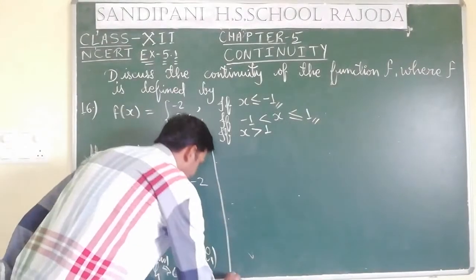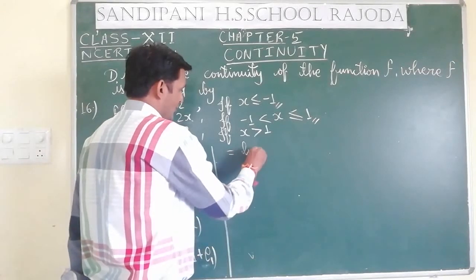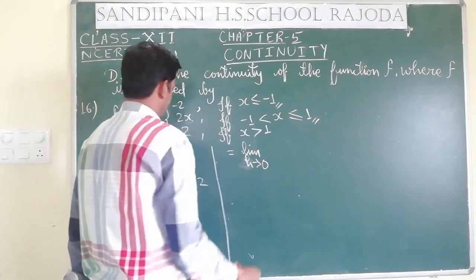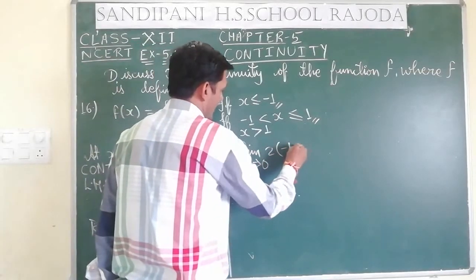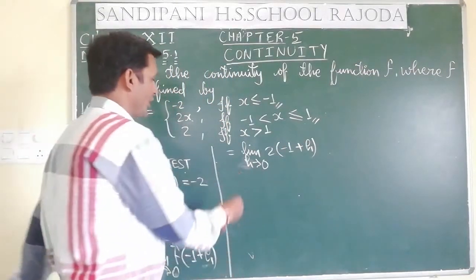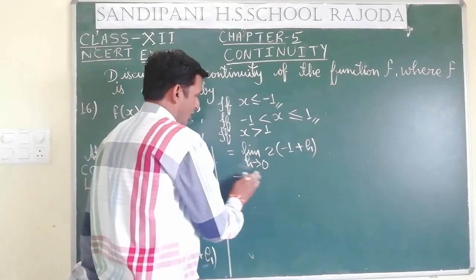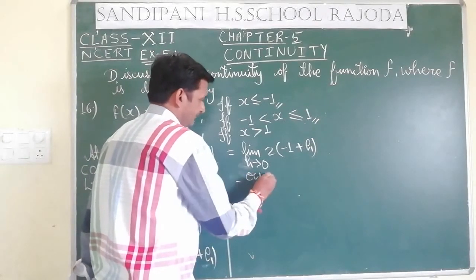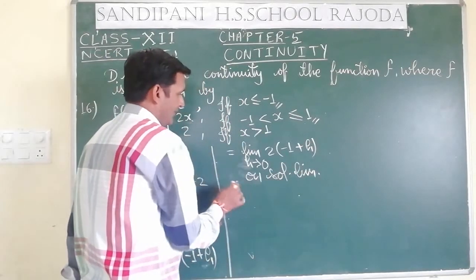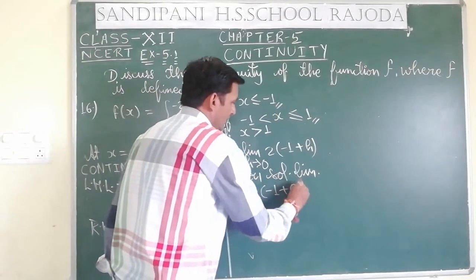So it will become limit h tends to 0, 2 into minus 1 plus h, means in place of h we can substitute 0 now. On solving the limit, it will be equal to 2 into minus 1 plus 0, that is equal to minus 2.